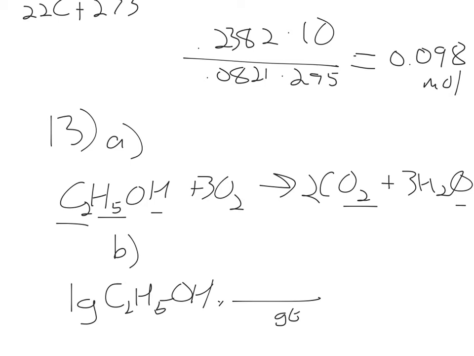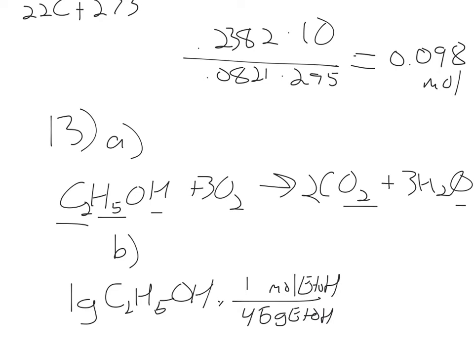I'm going to abbreviate ethanol as ETOH just to save space. And I'm going to go to moles ETOH. And I know 1 mole of this, let's look that up. 2 carbons, 24, plus 6 hydrogens is 6, so that's 30, plus the 16 of oxygen is 46. So that's 46 grams of ethanol.